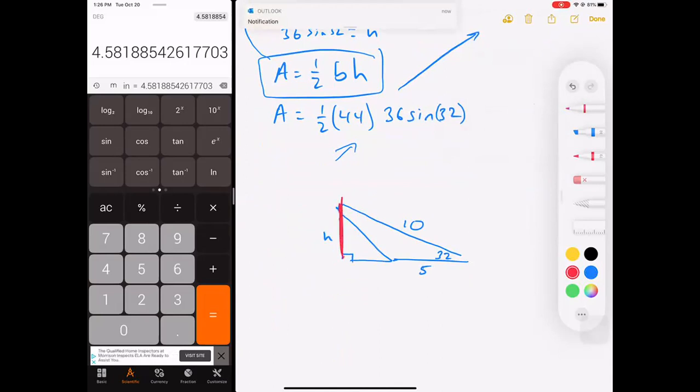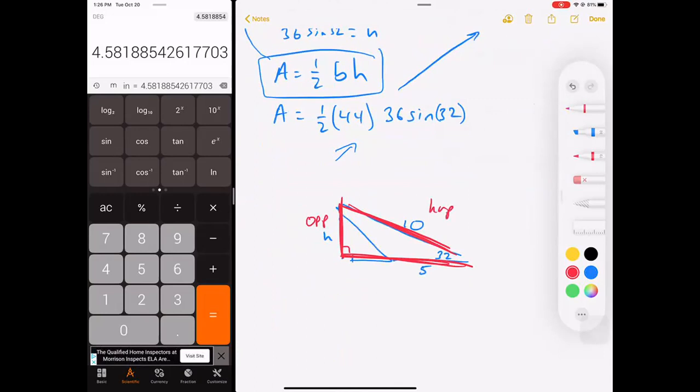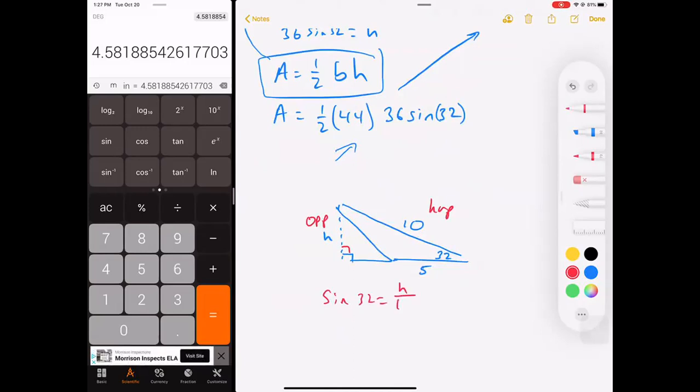You see that you have a right triangle, and that's opposite and hypotenuse. Okay, and that's sine of 32 is equal to opposite over hypotenuse. And that's the height of our triangle.